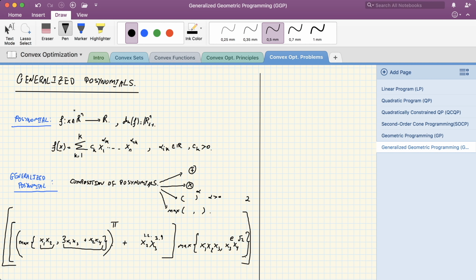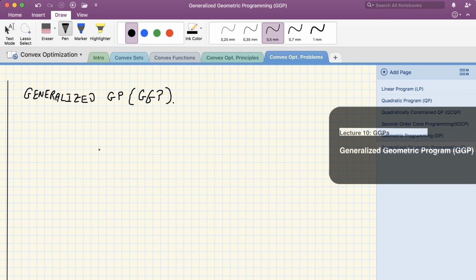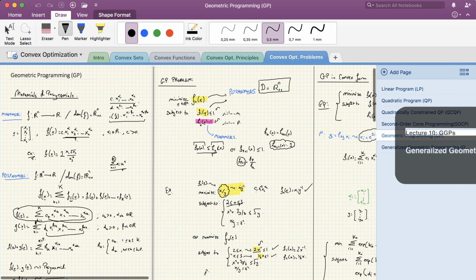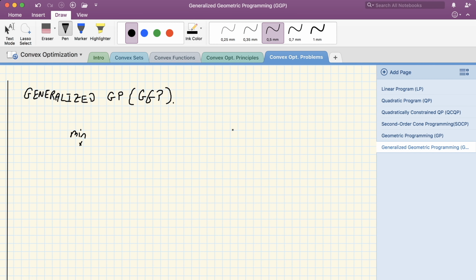Now that we defined what generalized polynomials are, let's formulate a generalized geometric program. So we're going to minimize, the same as in geometric programs, cost f0 of x subject to the following constraints, inequality and equality. So I'm going to copy them, nothing has changed, except for one thing which is clear.